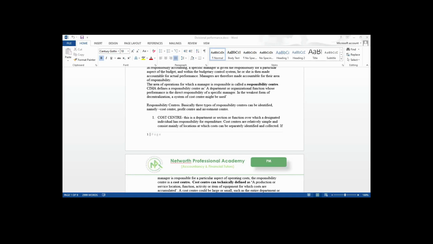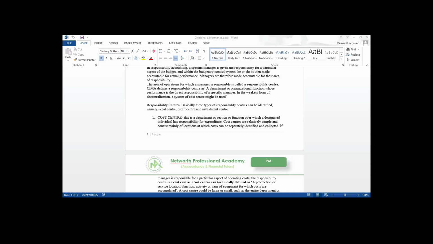A cost center is a department or section or function over which a designated individual has responsibility for expenditure.